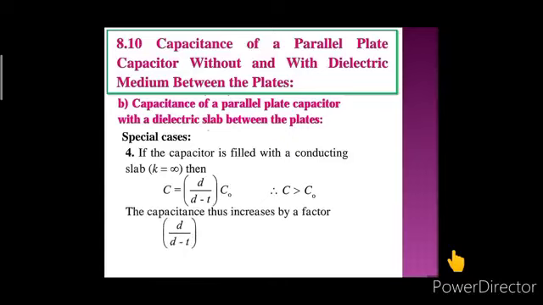And hence we can say that the capacitance increases by a factor d upon d minus t, as C is this much factor into C0. So here we had seen the capacitance of the parallel plate capacitor with a dielectric slab between the plates with its special cases.